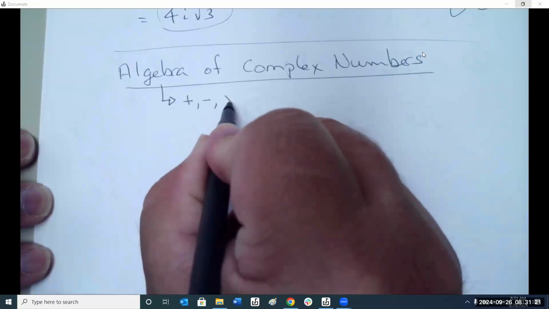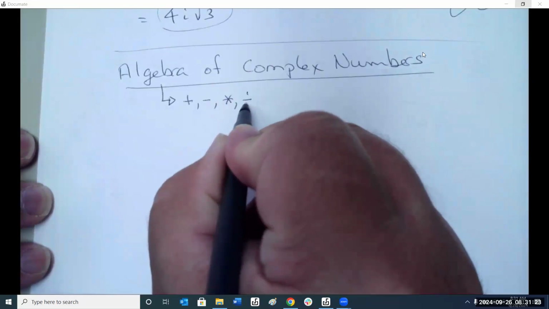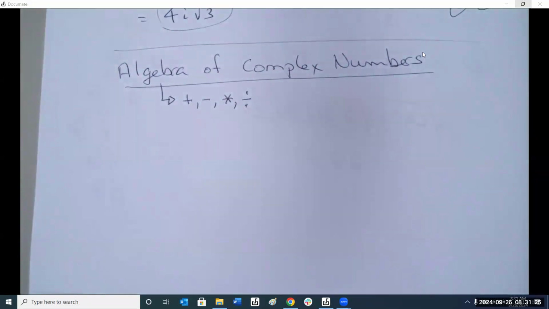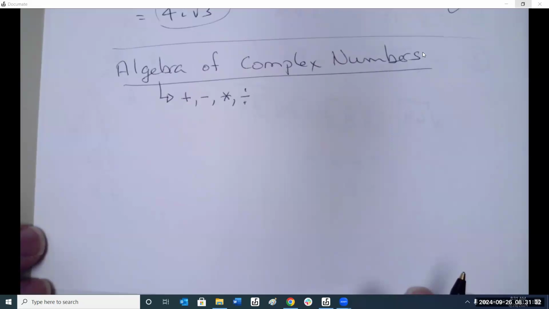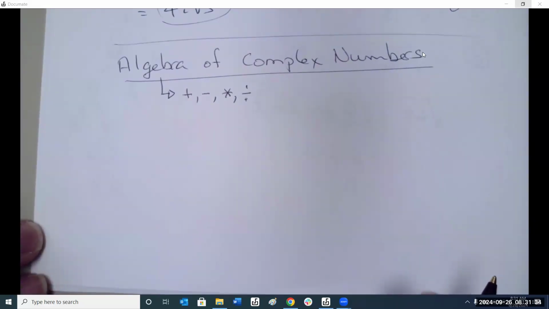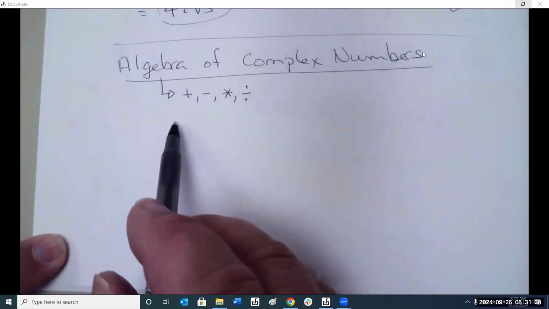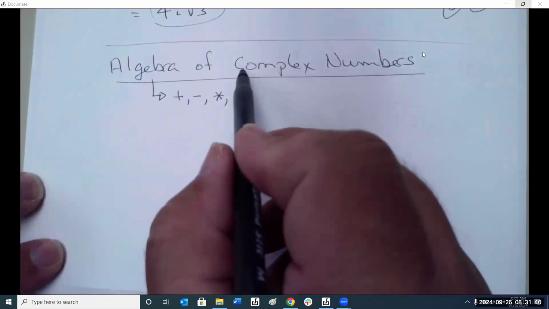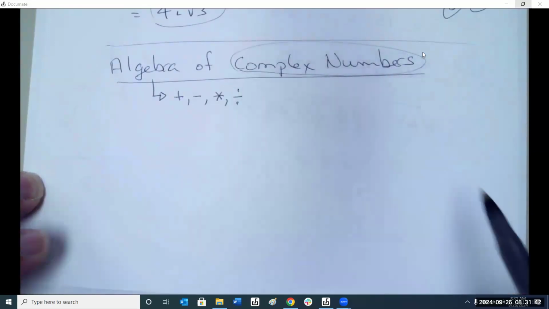Addition, subtraction, multiplication, division. So before we talk about the algebra of complex numbers, we've got to talk about what complex numbers are.